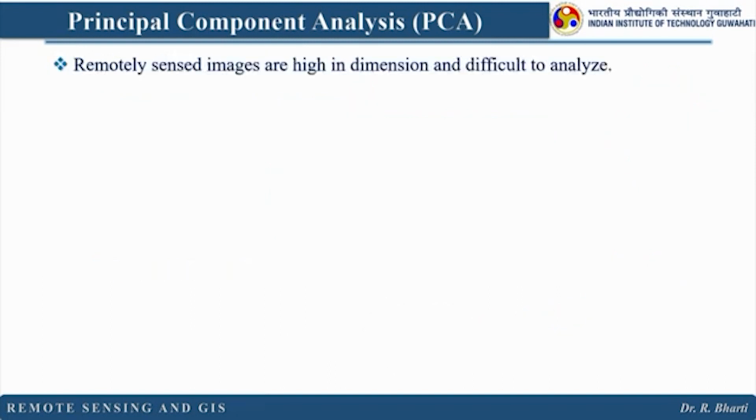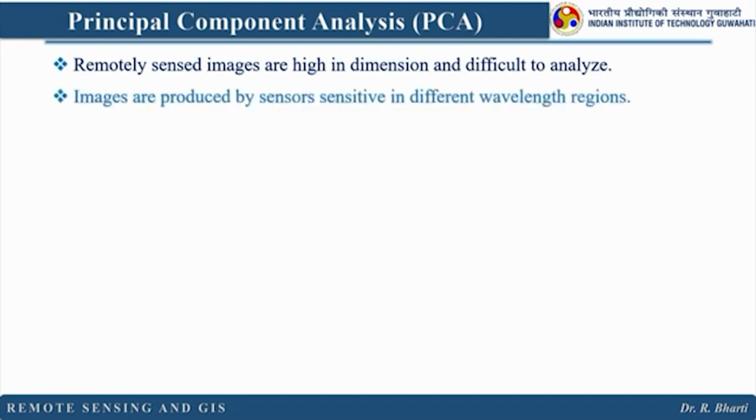Remotely sensed images are high in dimension and difficult to analyze, which I have already explained to you. Images are produced by sensors sensitive in different wavelength regions, because all those 4 bands were captured in different wavelengths from a single sensor, but the information available in them is different.